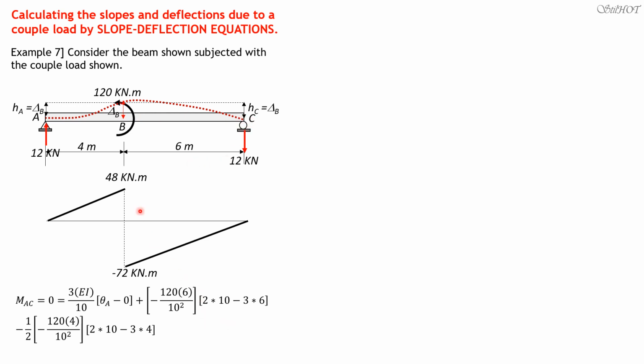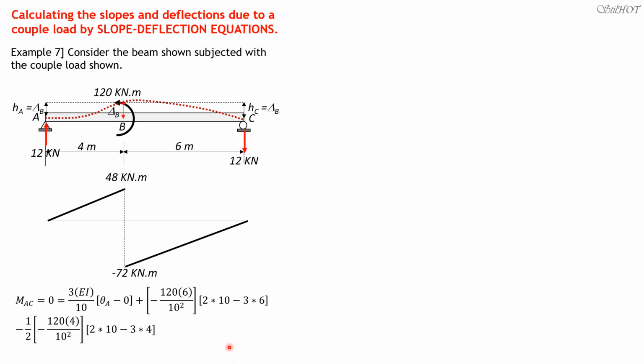Then minus fixed moment at C, which is treated positive, so minus 1 half, negative 1 half of, because the moment is negative again, so negative 120. A is 4 this time, divided by L square, quantity 2L minus 3A.